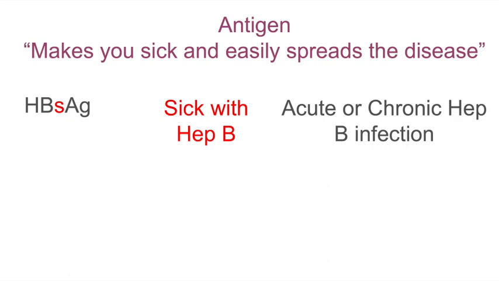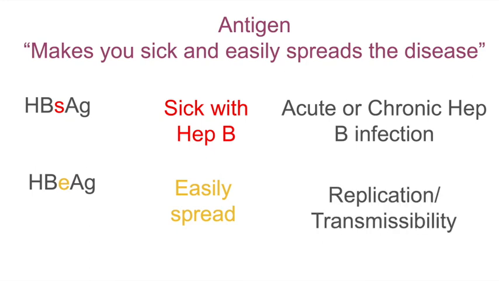So, this antigen refers to the replication and transmissibility of hepatitis B. So, remember, when you think of antigens, think of the phrase that antigens make you sick and easily spread the disease. So, the surface antigen means that you're sick, whether acute or chronic, with hepatitis B. The E antigen means that you easily spread the disease.